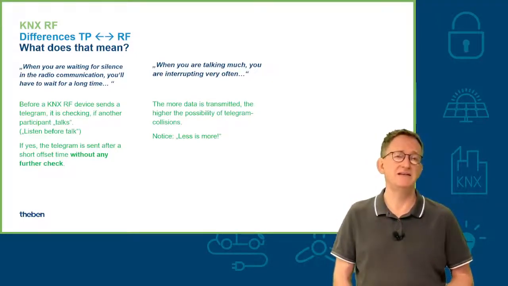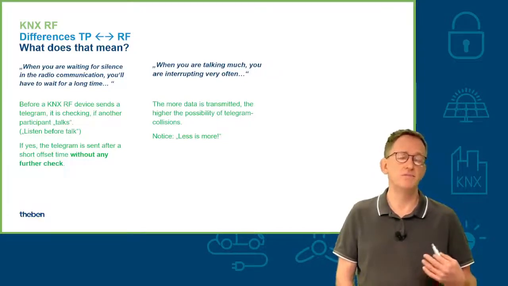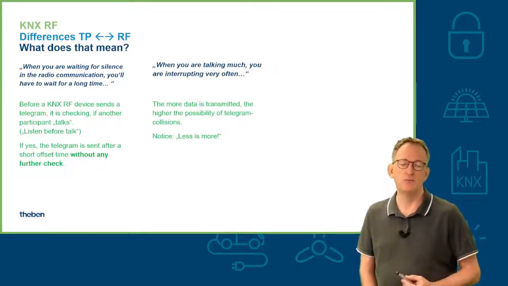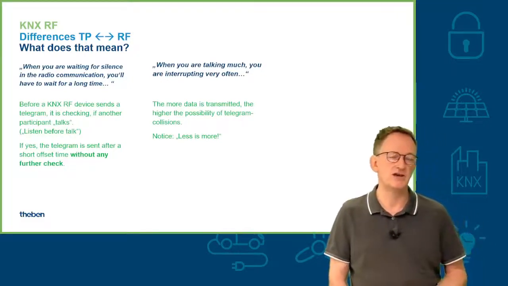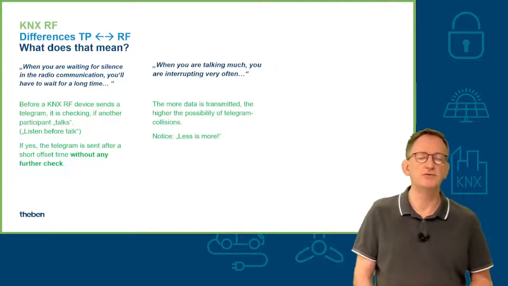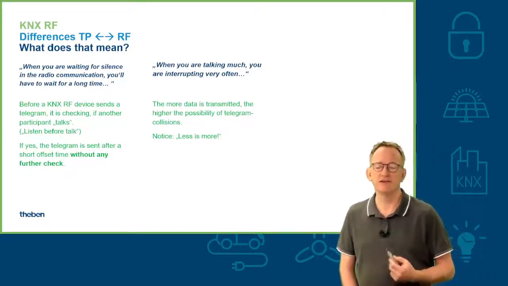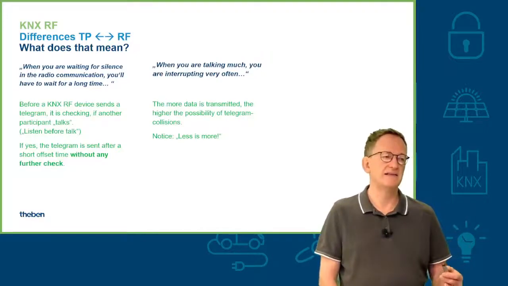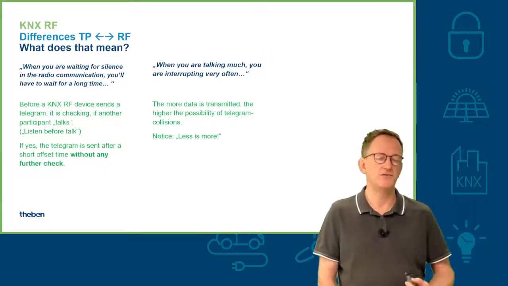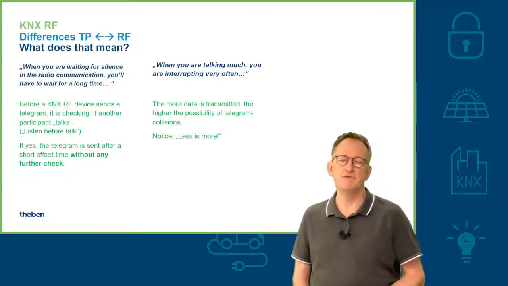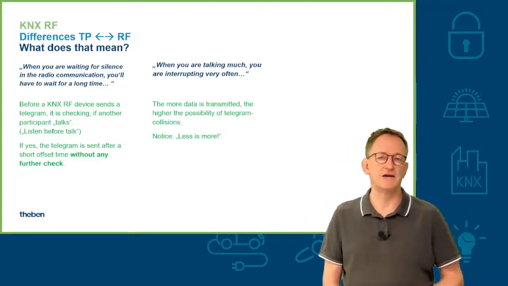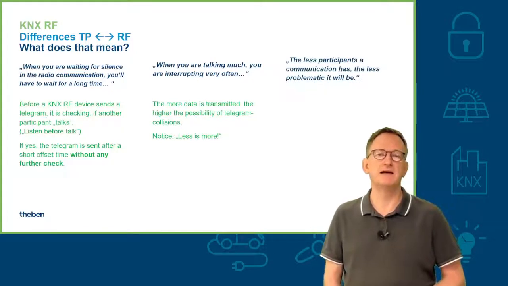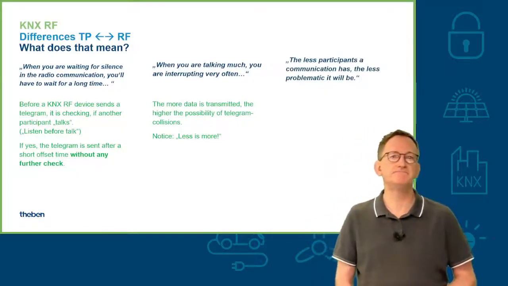Don't overload the RF band with telegrams which are not used. You do not have to send, for example, the temperature every 10 seconds. Otherwise, if you do that with many different devices, you can block your own RF channel with communications.